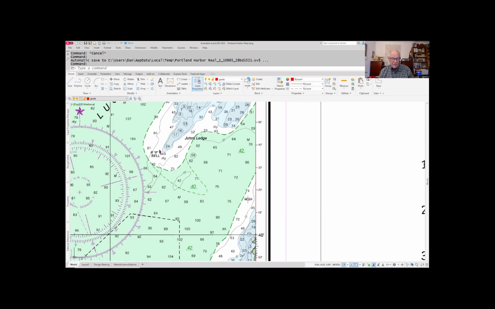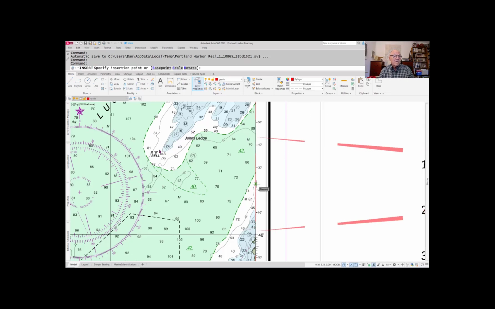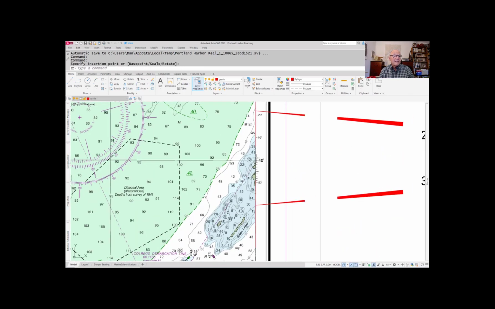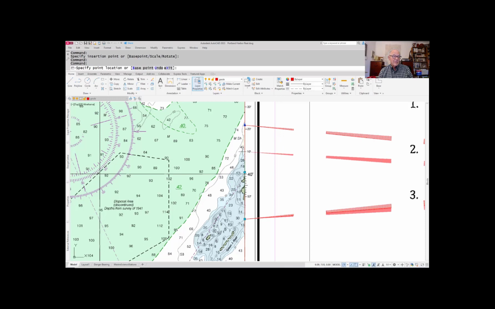So let's bring in another set of dividers. Here we go. We're going to put the dividers right here in place. Now, I can open these dividers up and close them by doing this.